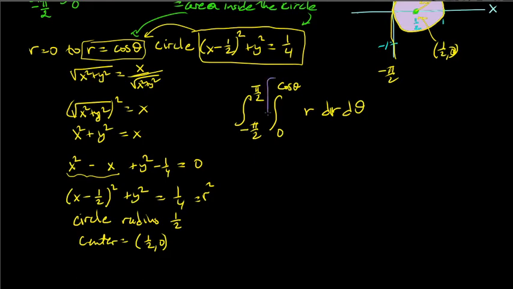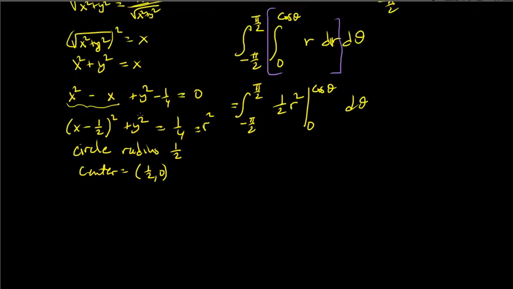Do the usual thing: do the inside integral first. The integral of r is 1/2 r squared, evaluated between 0 and cosine theta. The 1/2 we can pull outside. That's just a constant.